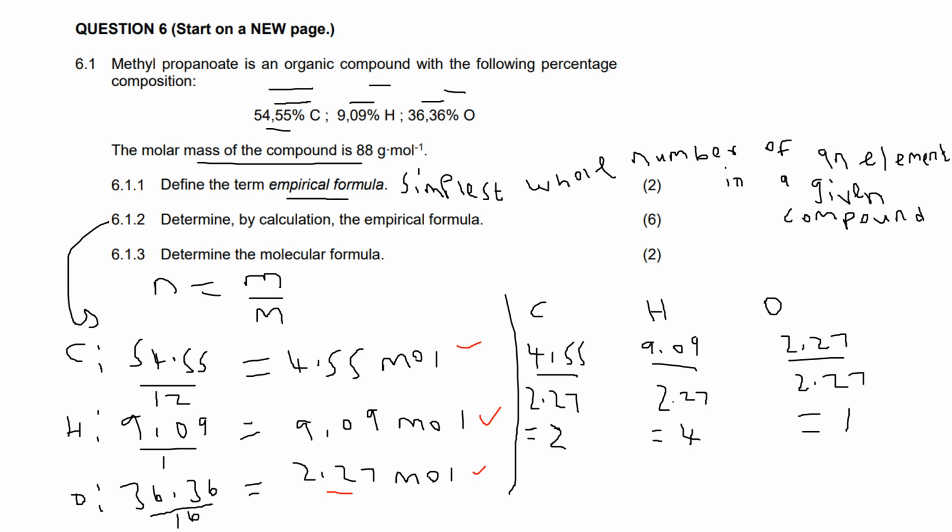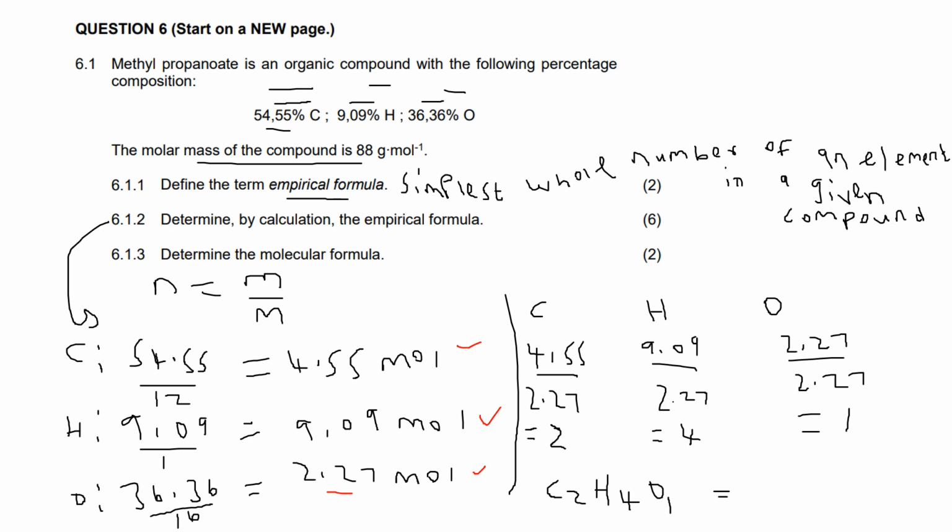So I've got those values now. Therefore, in our empirical formula, C has got 2, H we know has got 4, and lastly, oxygen will be having 1. Just put it as O1. Or for those who don't want to put it like that, you can just leave it like this.